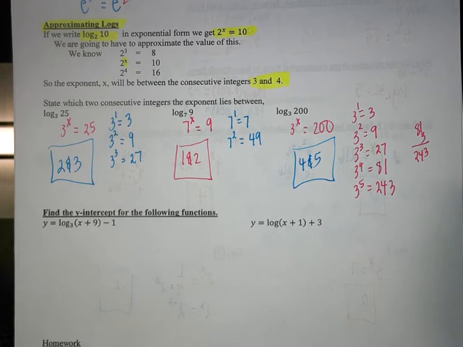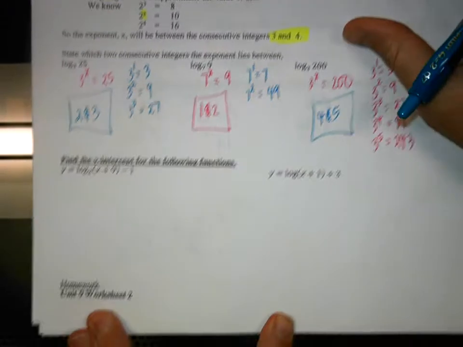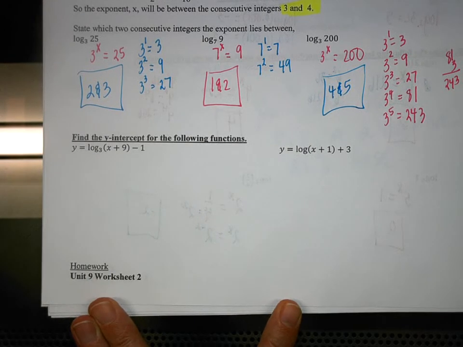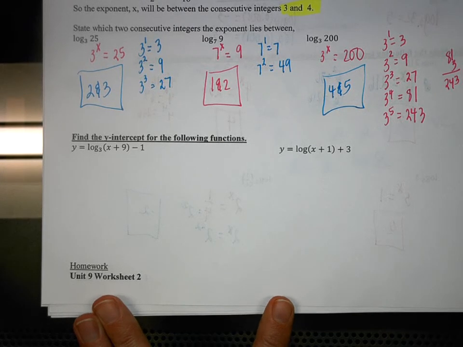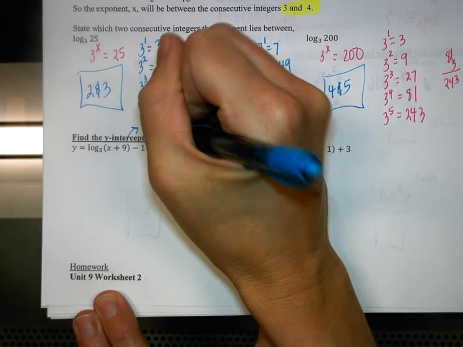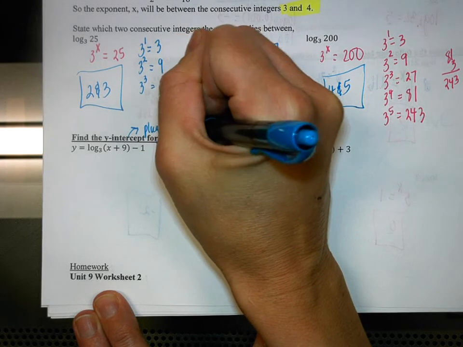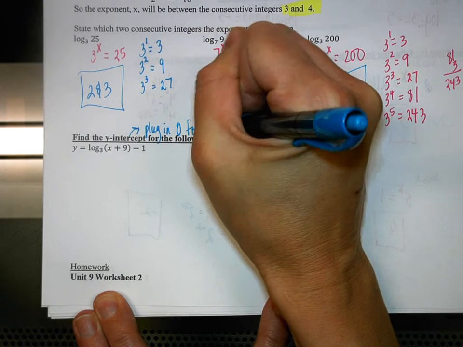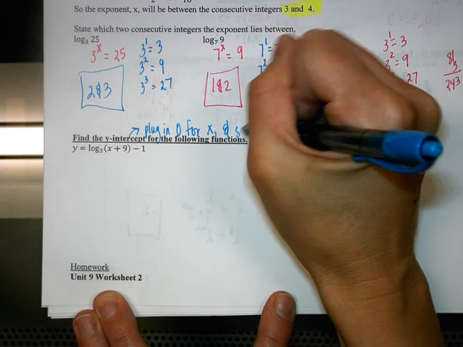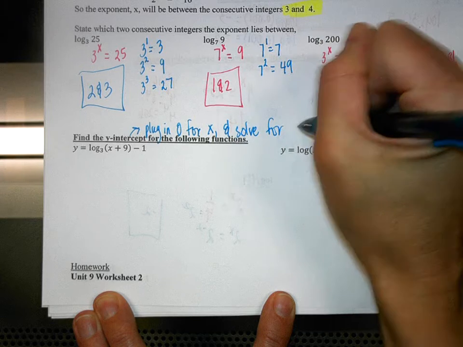Okay, lastly, for this set of notes, they want us to find the y-intercept for the following functions. Now, for all problems that we've done this year, when we are trying to find the y-intercept, what are we doing? Okay, I'm going to help you out because it's early. But you plug in 0 for x, good, and solve for y.